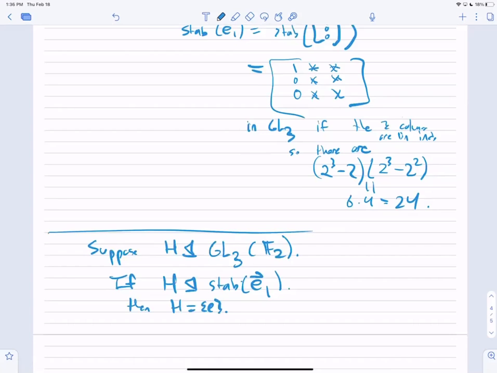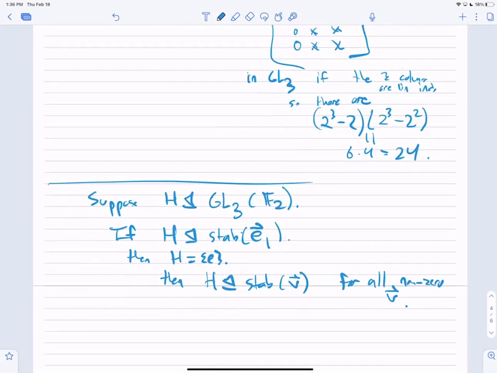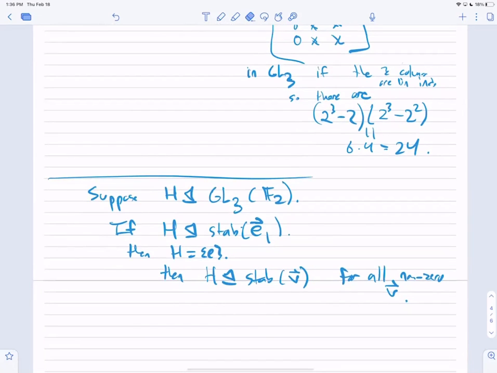Why? Because then H is contained in the stabilizer of V for every vector, just because the stabilizers for all these different elements are conjugate. It's the exact same argument we did for the alternating group. The stabilizers of all these different elements are conjugate, all these different non-zero vectors are conjugate, and H is preserved under conjugation. So it's in all of these stabilizers, so it's in the intersection.